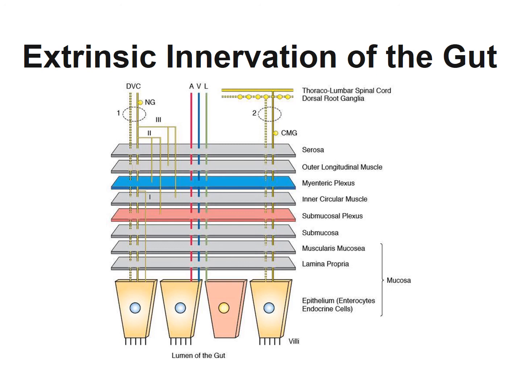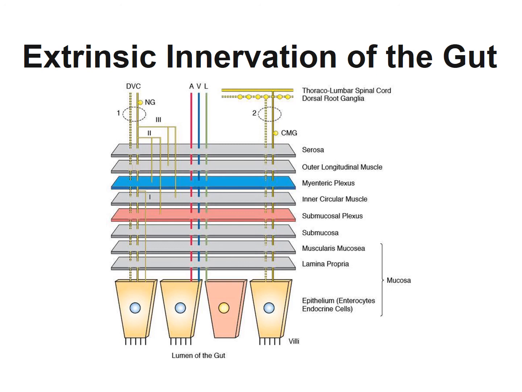The cell bodies of the second order neurons of the sympathetic nerve of the gut, which is the splanchnic nerve, are located in the celiaco-mesenteric ganglia.